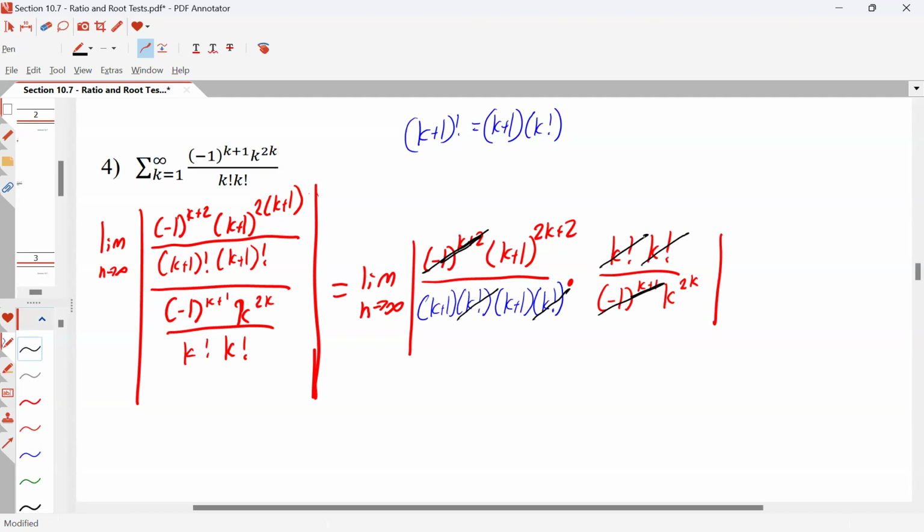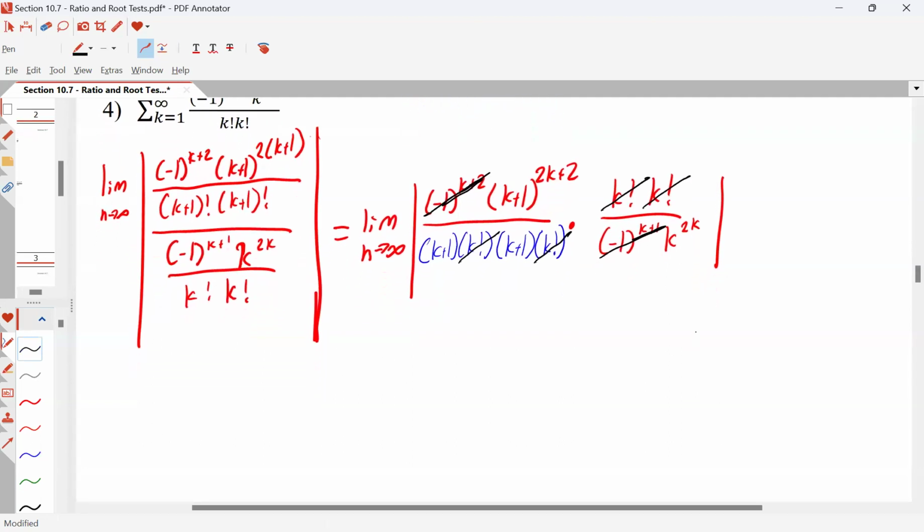And now, one more thing, let's write this out a little bit clearer. Our limit should be with k. I wrote n, as all of our last examples had been n. They should be k. K goes to infinity of k plus 1 to the 2k plus 2 is all that's left in our numerator.